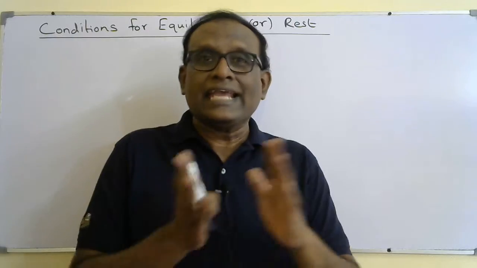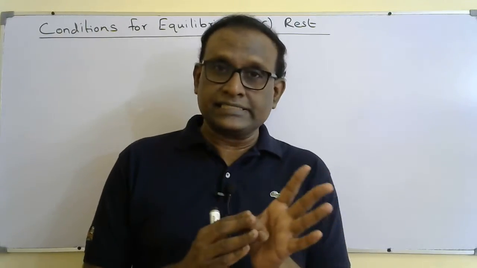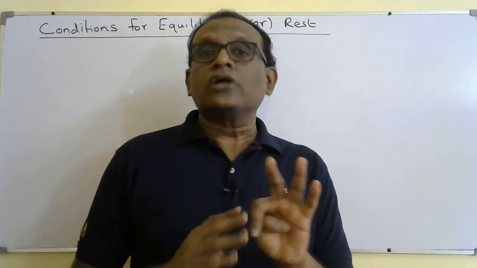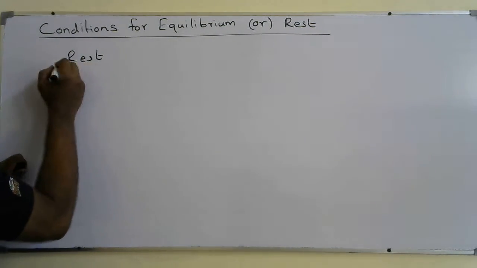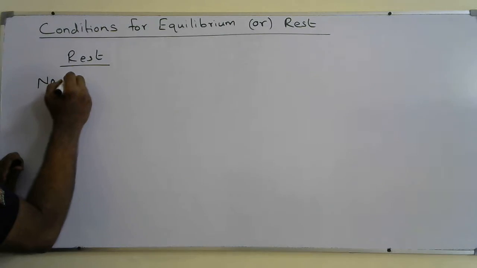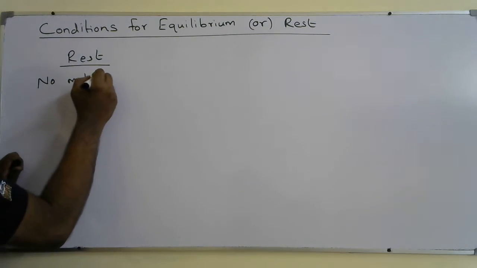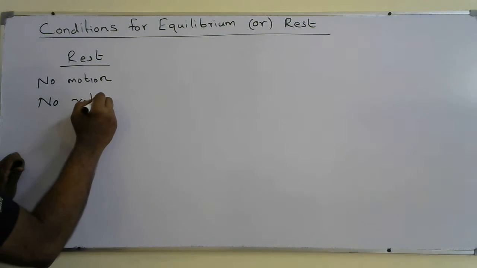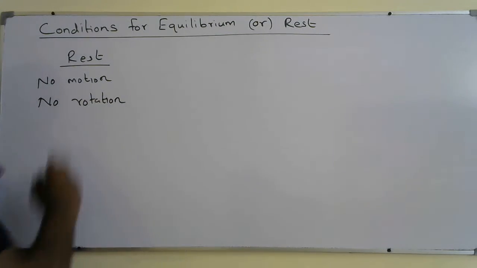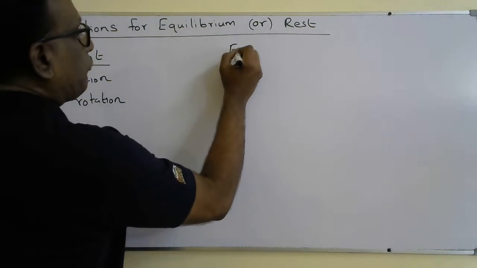There should not be any change in its position, and it should not rotate. So when we say an object is at rest, we can say no motion, no rotation, or no spin about any point.